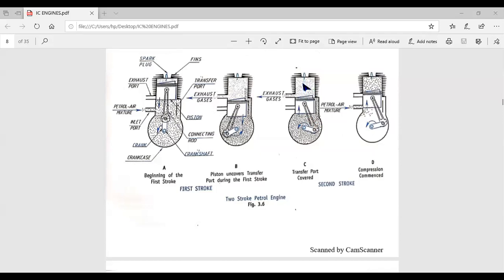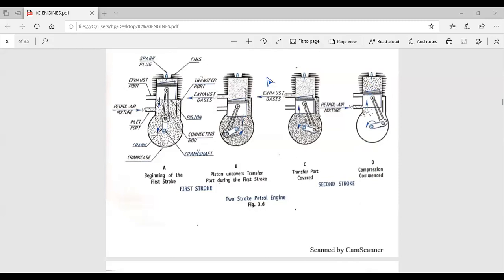So the ignition of the fuel, that is the petrol and air mixture, which is present in the top portion of the cylinder, is compressed here. See, all of you observe here, this is the compression stroke.